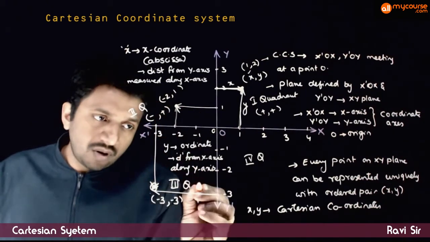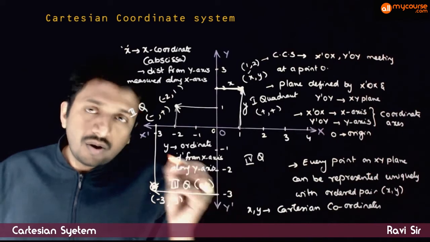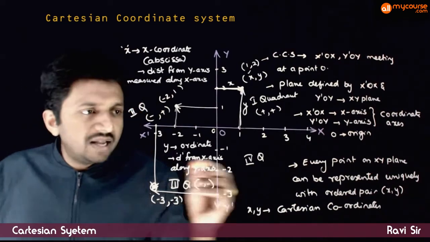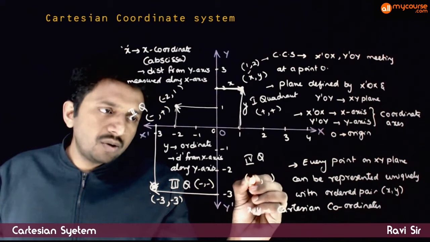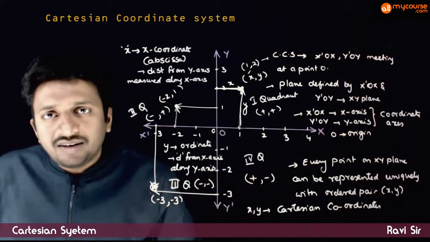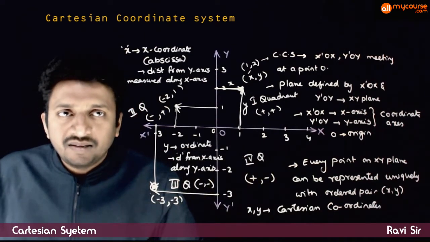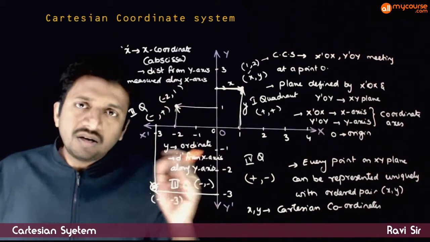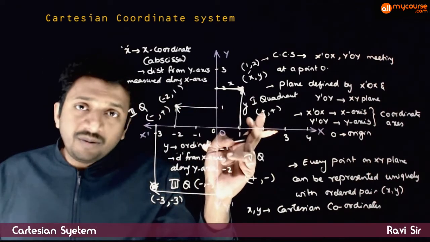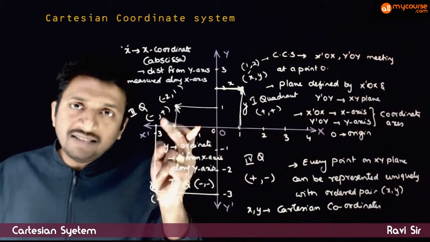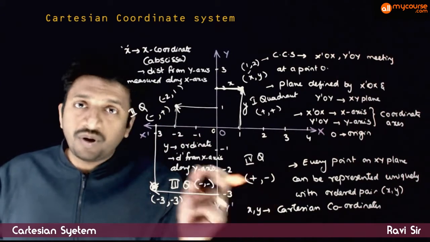And if you take the third quadrant, the coordinates are both negative. And in the fourth quadrant, the x coordinate is positive and the y coordinate is negative. So these are called the 4 quadrants, and depending on the quadrant, the signs of the coordinates of the point changes.